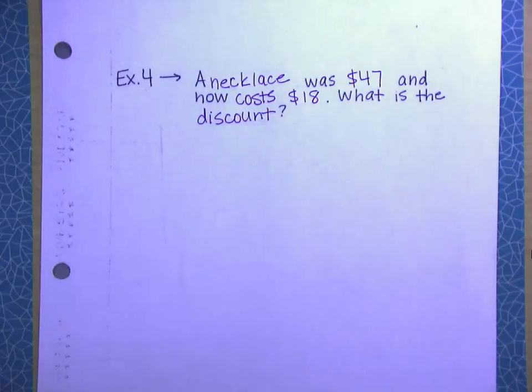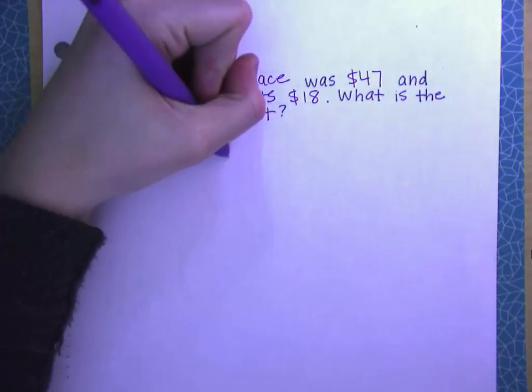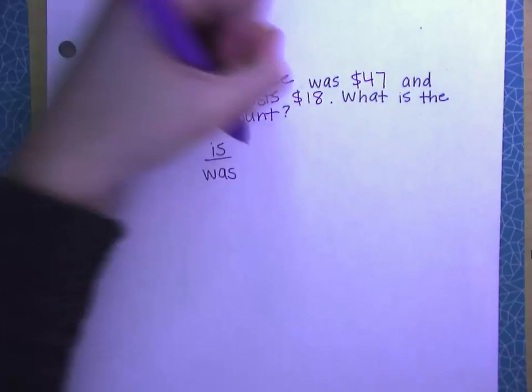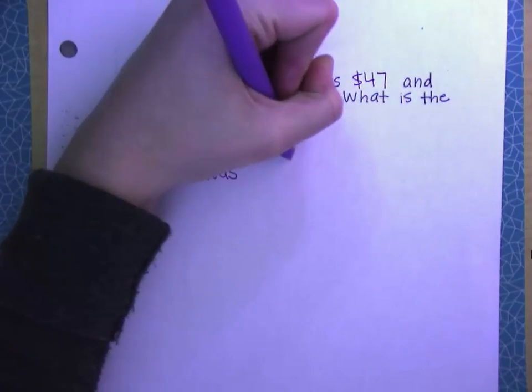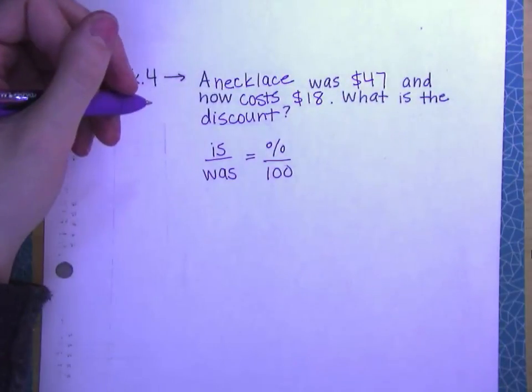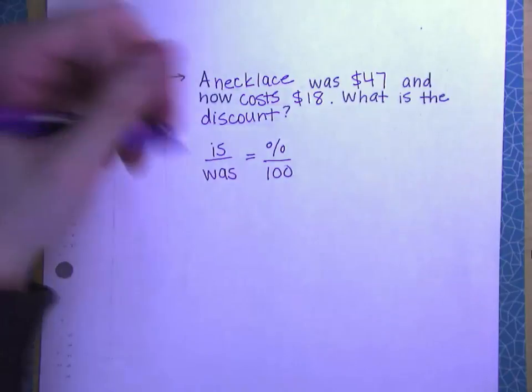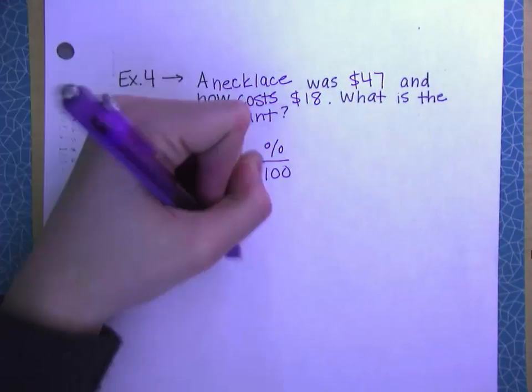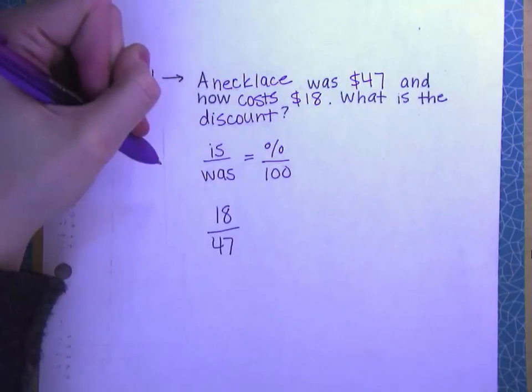What is the discount? So if we use that proportion, we can set it up like is over was equals percent over 100. So the necklace right now costs $18, so that's what I'm going to put on the top. And then it was $47, so that's going to go on the bottom.